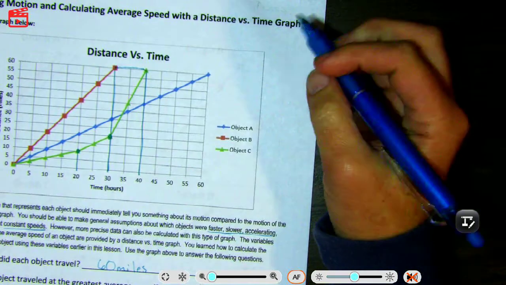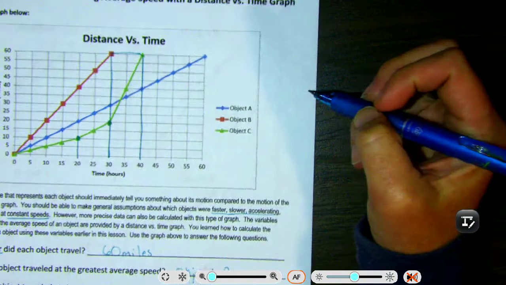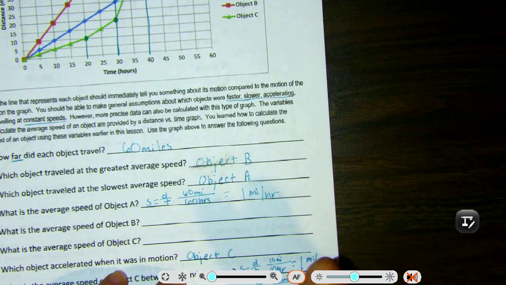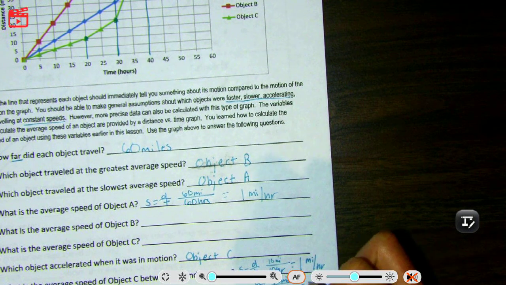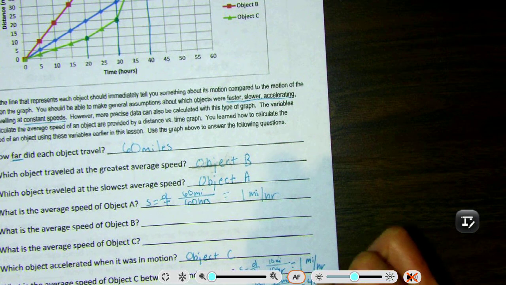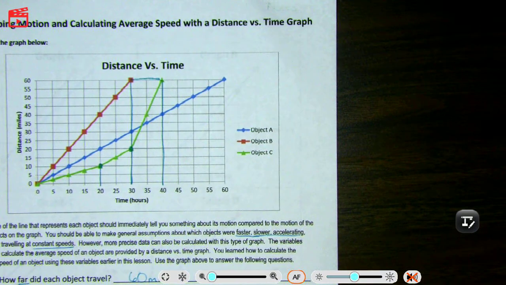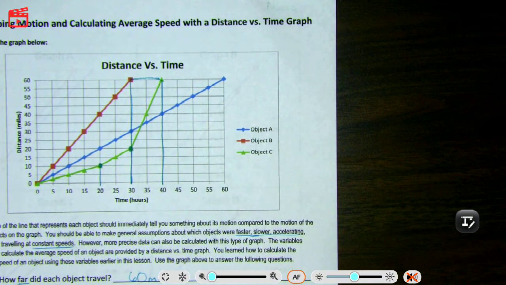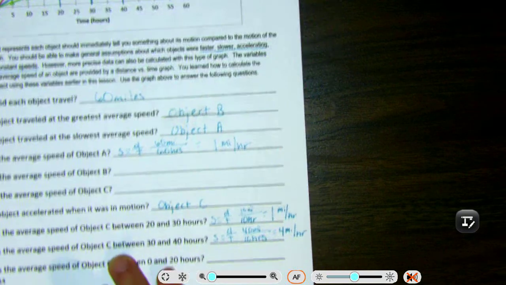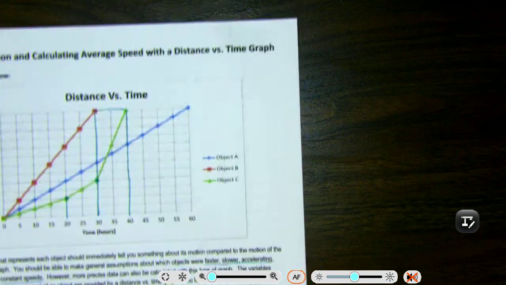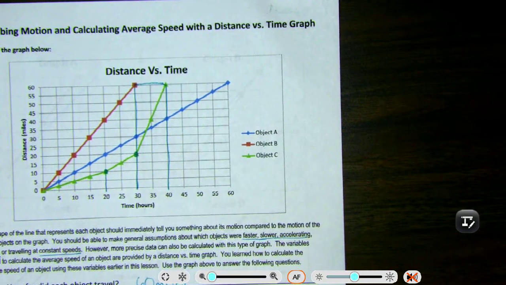And then the time again was only 10 hours. Why do I keep doing that? Sorry. All right, so now we get that it was 4 miles per hour. So we can see by doing that our speed increased, and that's why we saw that acceleration, right? And so the numbers solving it prove to you that, boom, it did accelerate. So that's pretty cool, right?